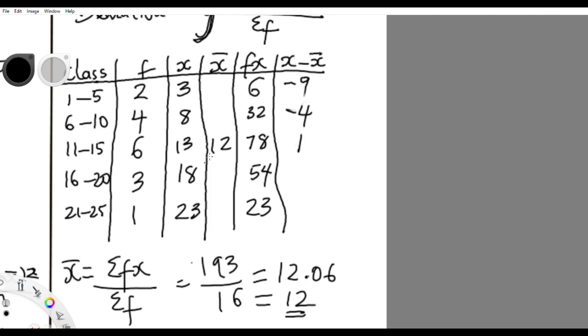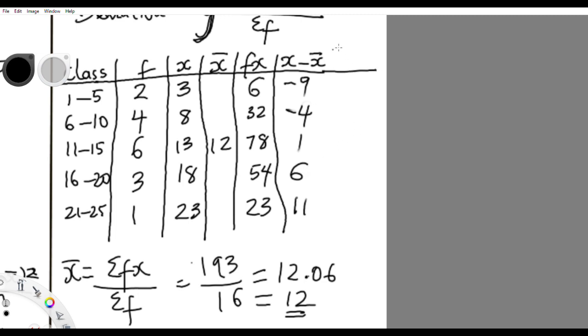This is 1, 13 minus 12. 18 minus 12, that's 6. 23 minus 12, and that's 11. Okay, yeah, so we're good.